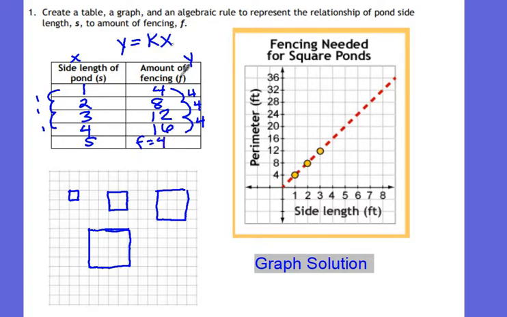It'd be 4x, but in this case, x is representing s, so that would be my equation for this proportional relationship. So the tiles for the pond was non-proportional, but the fencing is turning out proportional.